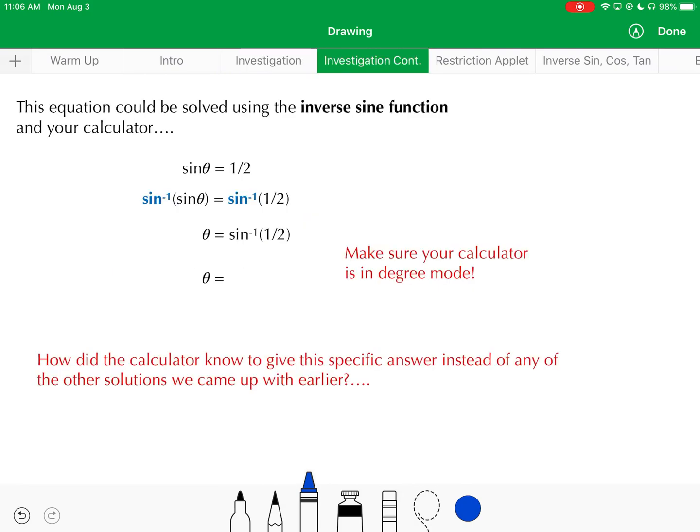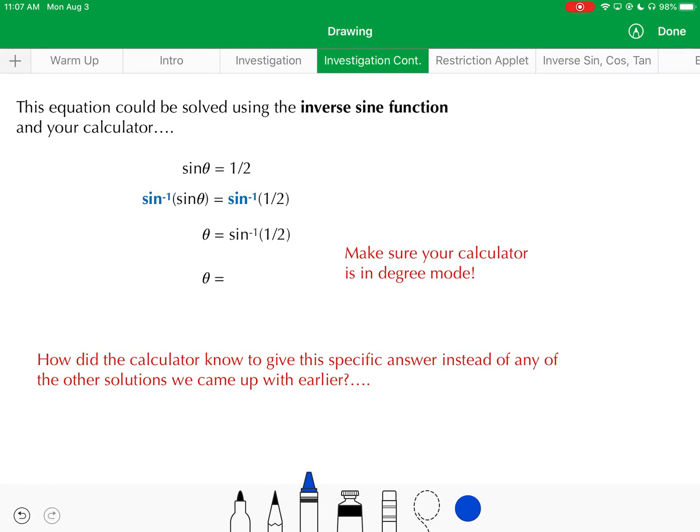All right, so let's continue with this. One way that we could solve this equation is by using an inverse sine function, all right? If you think of sine as an operation that's occurring on theta within this equation, you could undo that operation of sine by using the inverse sine function of both sides of the equation, okay?